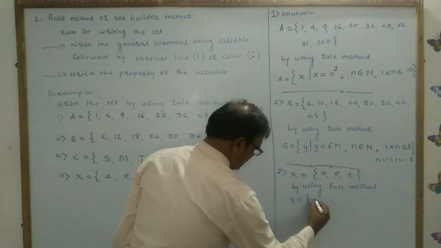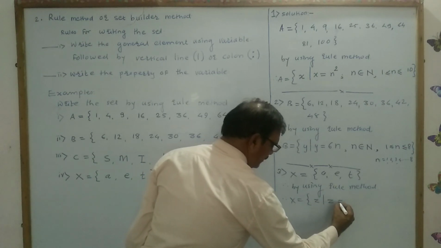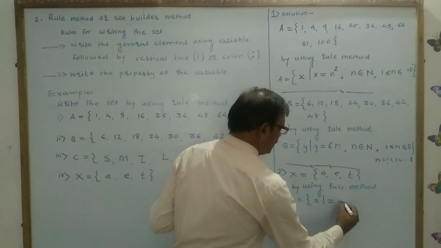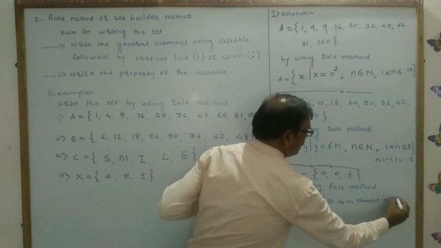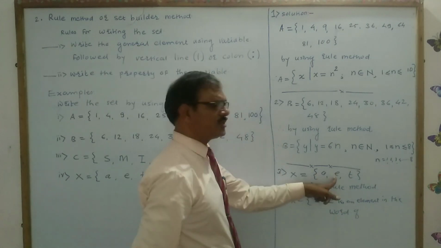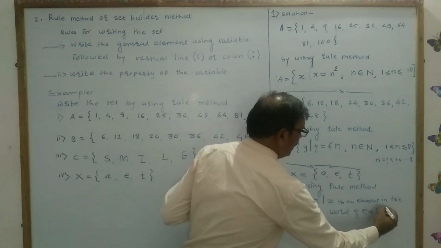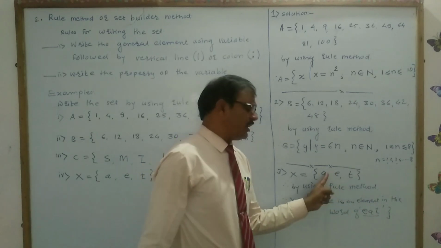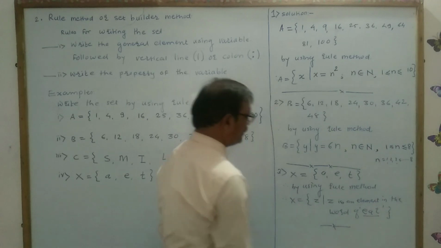Suppose here Z, such that Z is an element in the word, which is this word, E-A-T-E-A-T. This is the word. These elements are taken from the word eat. So this is the answer of this.